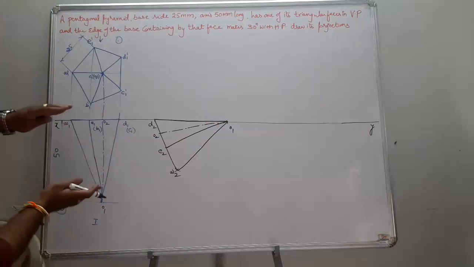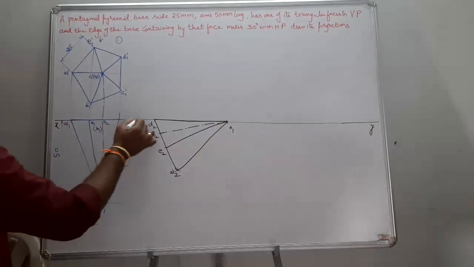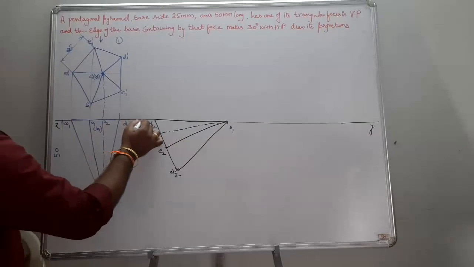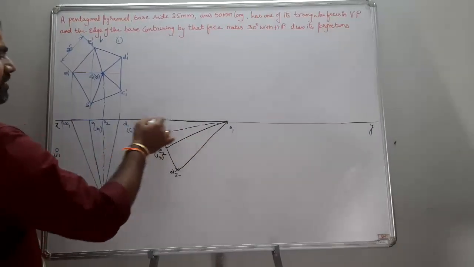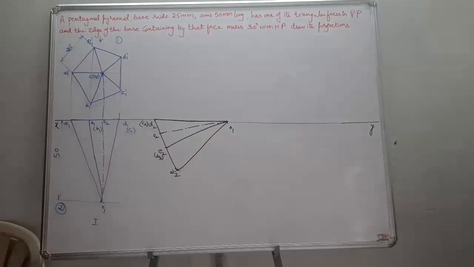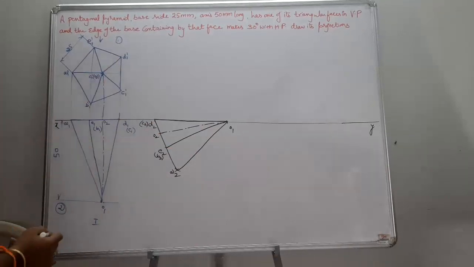Okay, I just reconstructed the figure in such a way that ODC is a triangular face which is going to be obtained on the reference line XY. Okay, this ODC is your triangle, right? Triangular face.